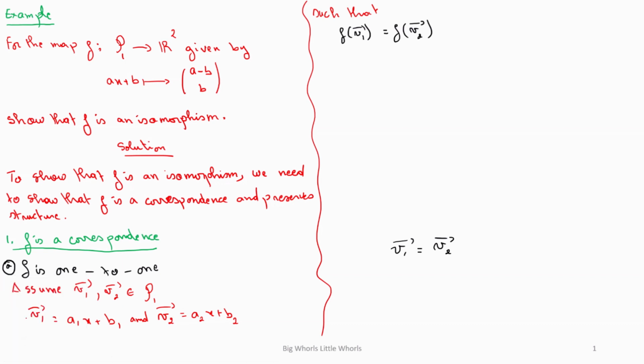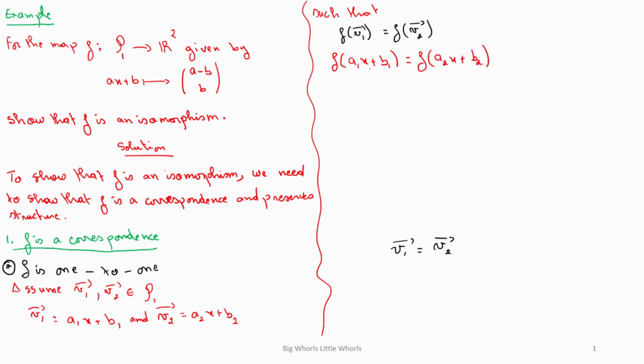So now how are we going to prove that? If f of V1 equals f of V2, with V1 being A1 x plus B1, we have f of A1 x plus B1 equals f of A2 x plus B2.